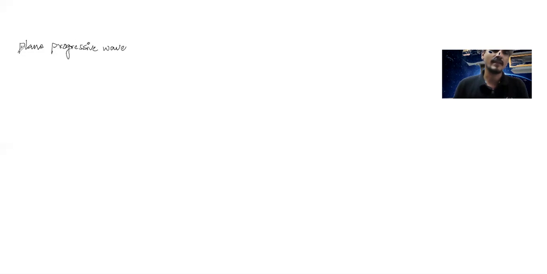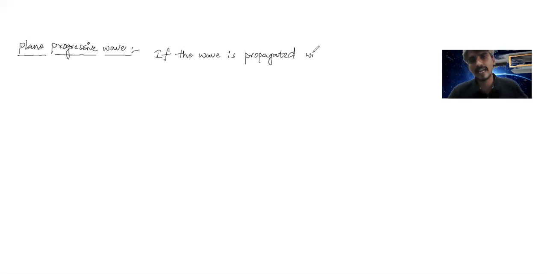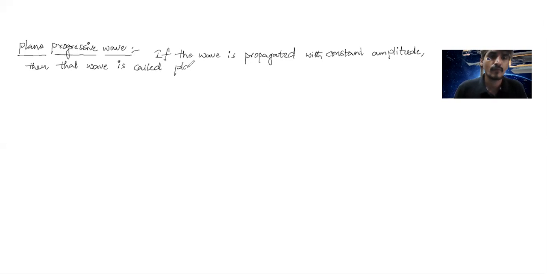Just now I said, once the wave is generated, if the wave is propagated with constant amplitude, without any change in amplitude or without any attenuation, then that wave is called a plane progressive wave. That wave is called a plane progressive wave.